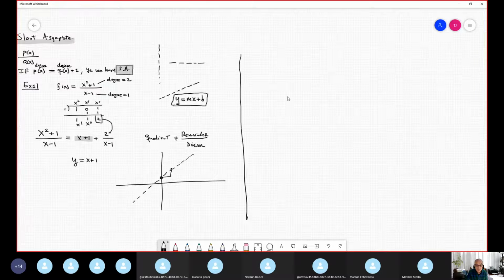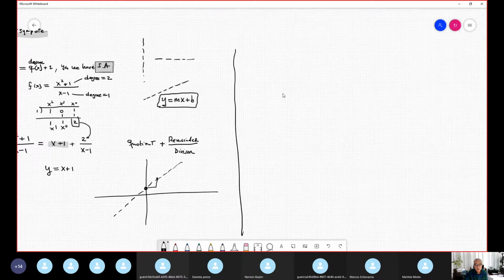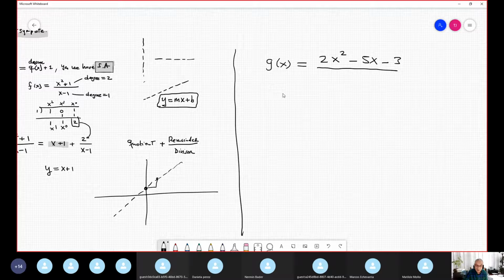Suppose the function g of x is equal to x squared minus 5x minus 3 divided by x minus 2. Now, please try to find the slant asymptote.